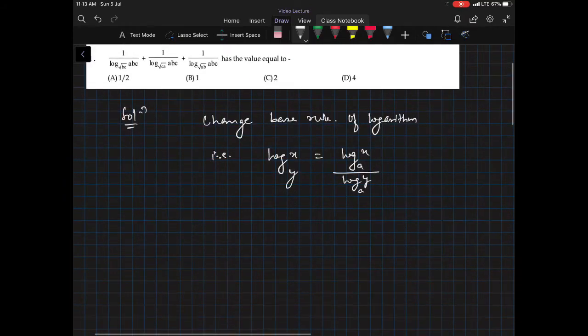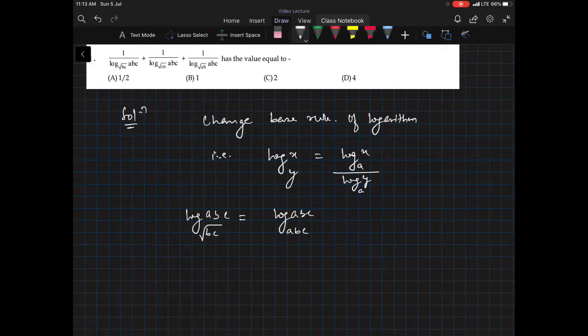Similarly, in this question we can write the denominator log abc base bc as log of abc, choosing the base as abc only, divided by log of bc base abc.